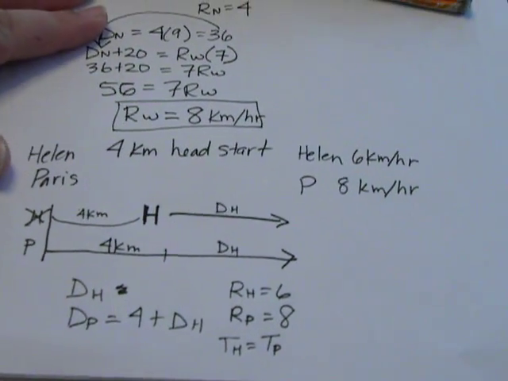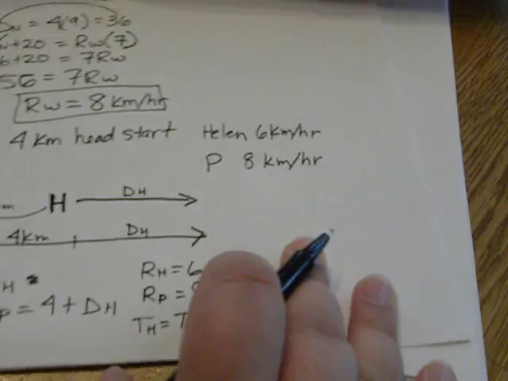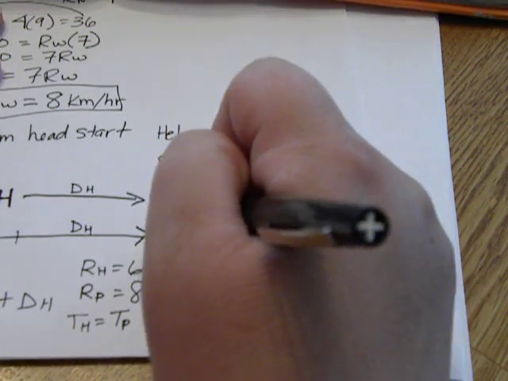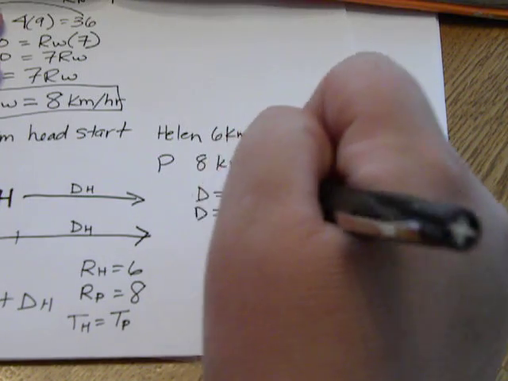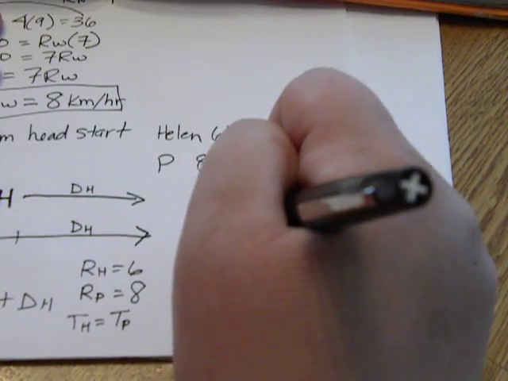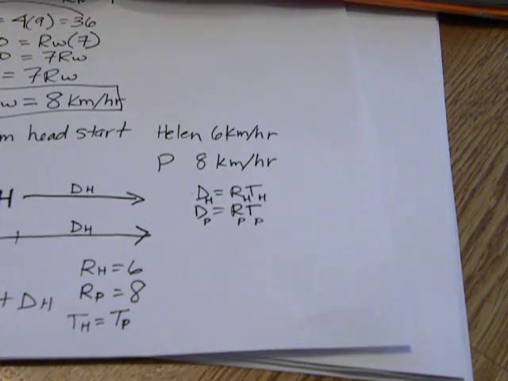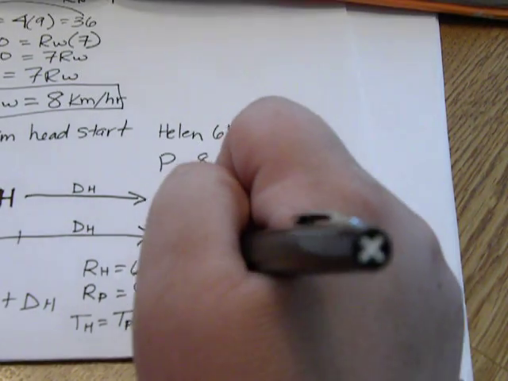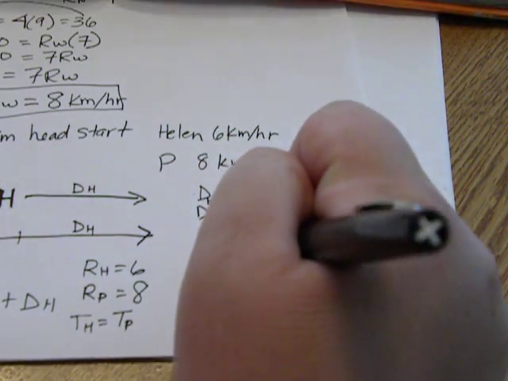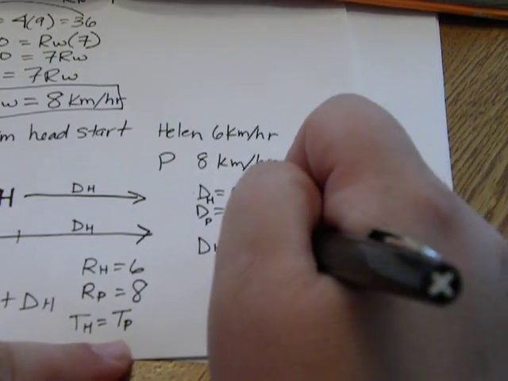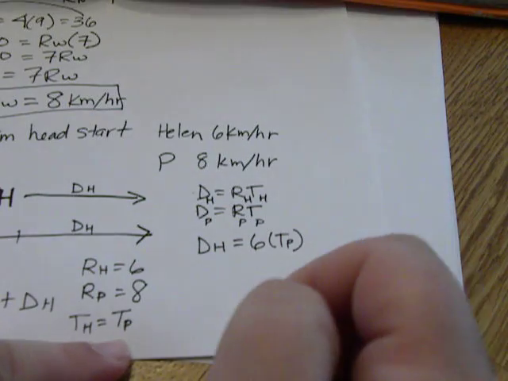Now let's plug that into our distance, rate, time equation. Distance equals rate times time. We have Helen and we have Paris. Distance of Helen is just the distance of Helen. The rate of Helen is 6. The time of Helen is the time of Paris, so we'll just put a TP there.